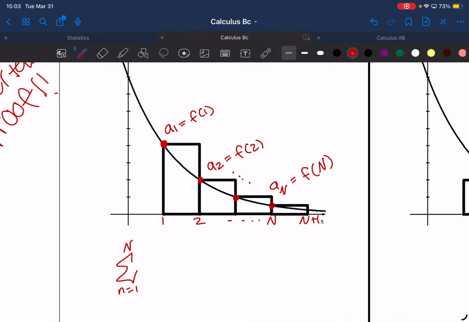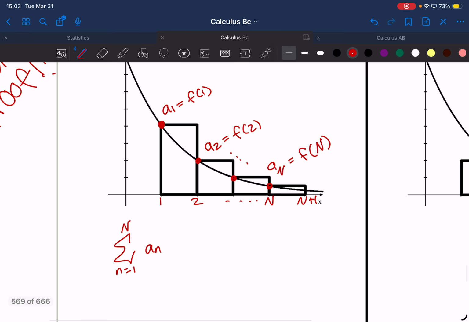The reason for that is because it's starting right here at 1, and the last point where it touches the graph is at that capital N. And then now I'm going to look at the integral. So that's the summation of all the rectangles. Now the integral, which is the area under the curve, is going to be from 1 to n plus 1, so those are the bounds, of f of x dx.